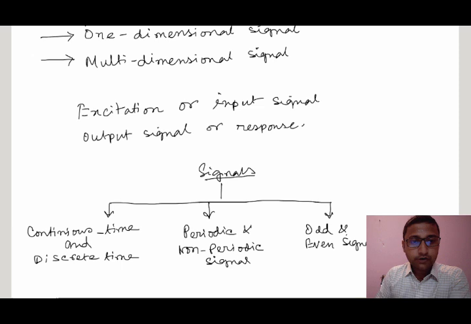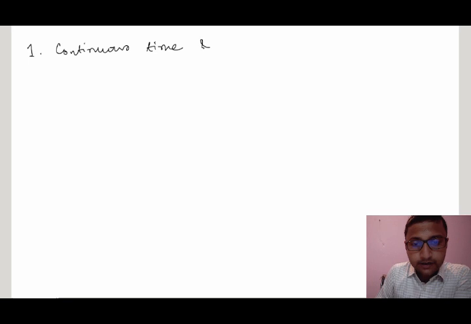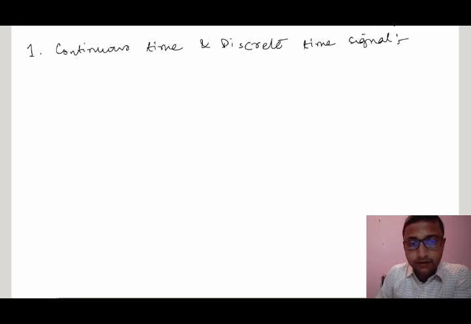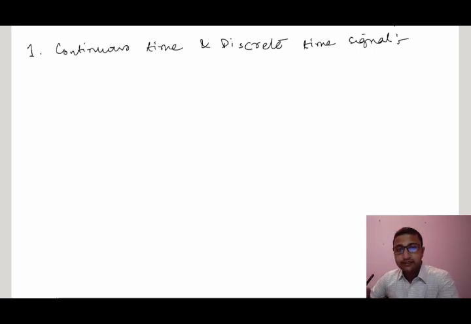So at first, let me start with number one, continuous time and discrete time signal. So what is a continuous time signal? The continuous time signal means the signal has a predefined finite value for each point of time.